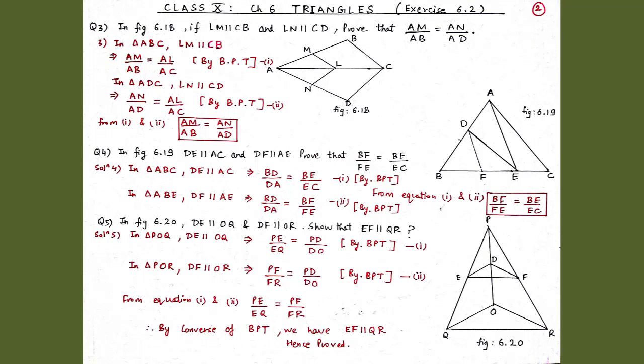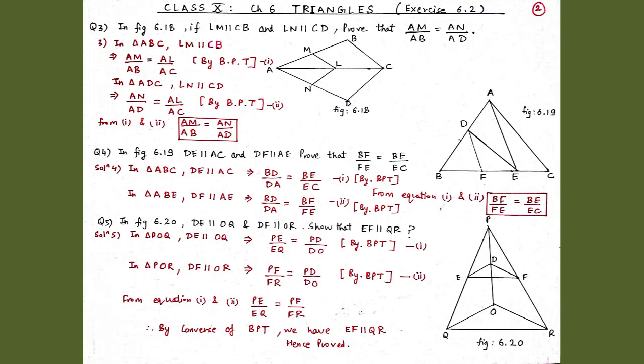So our first question for today is, in figure 6.18, if LM is parallel to CB and LN is parallel to CD, then prove that AM upon AB is equal to AN upon AD. Students, the trick to solve questions based on triangles is to see the given conditions very carefully.